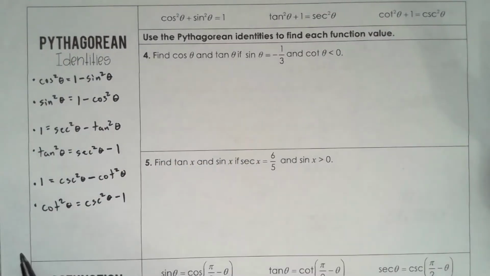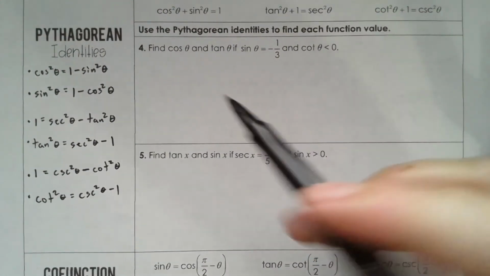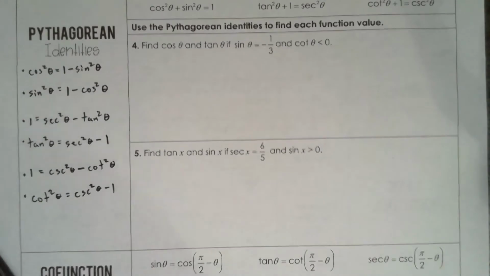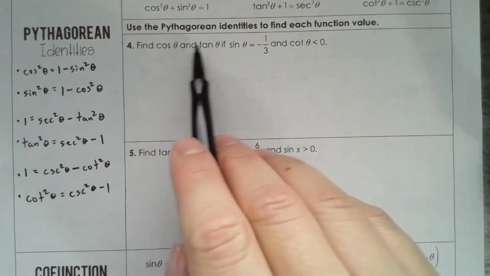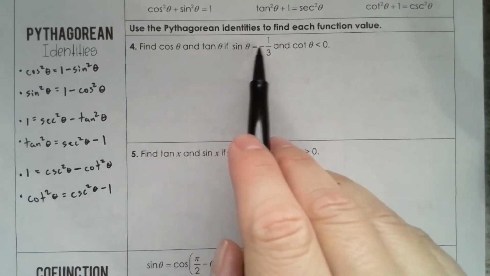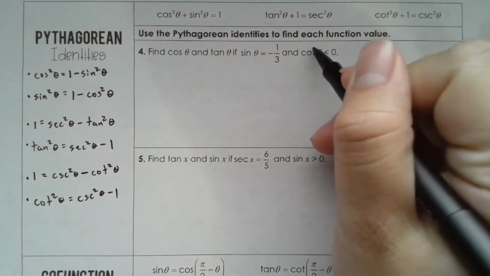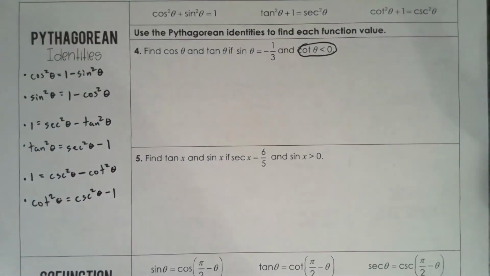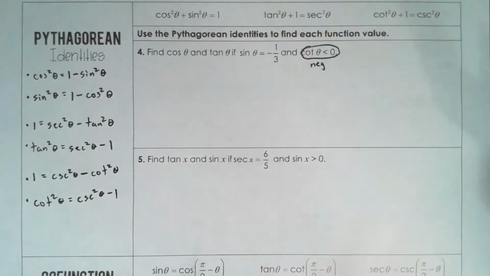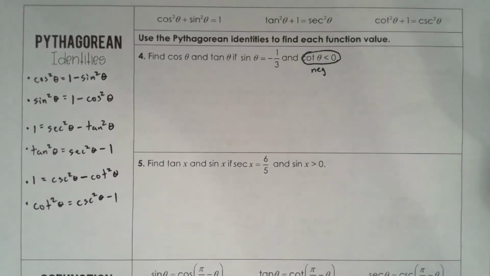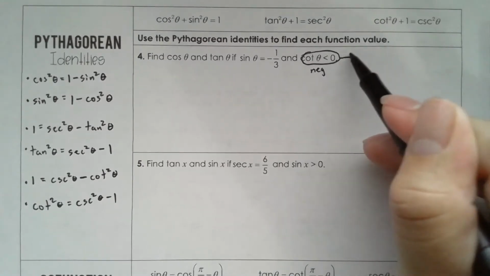Okay, so looking at these now, I'll find cosine theta and tangent theta if sine theta is equal to negative 1/3 and cotangent theta is less than 0. Circle that. If cotangent theta is less than 0, this means that this value is negative. And I know cotangent is cosine over sine. Recall from our unit circle, cosine is x, sine is y.